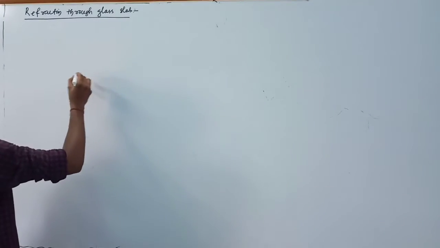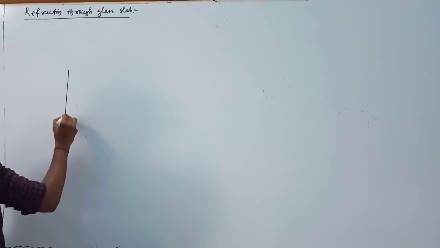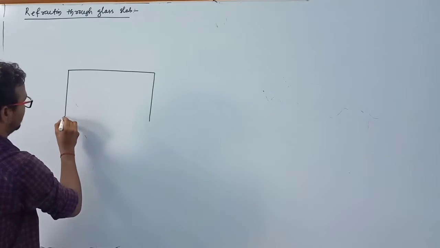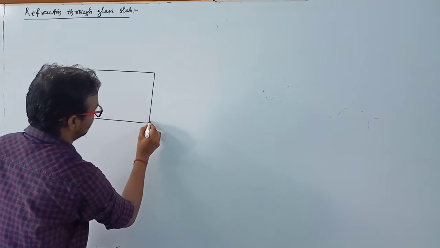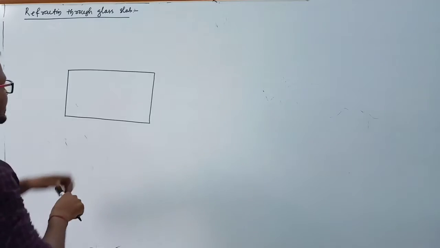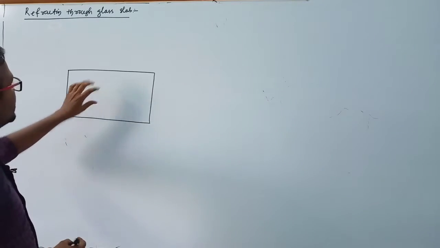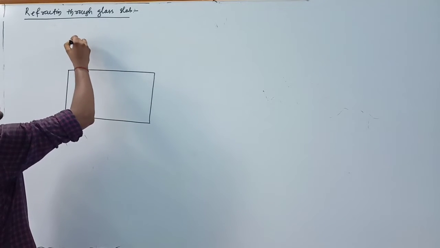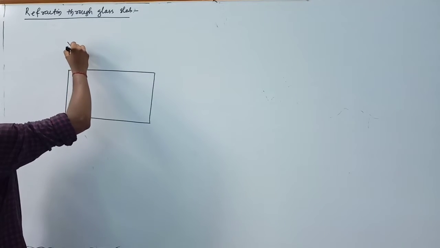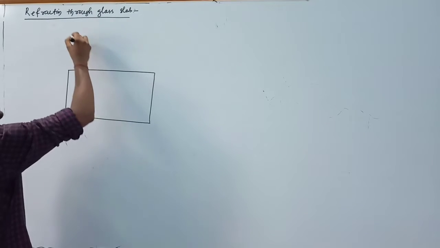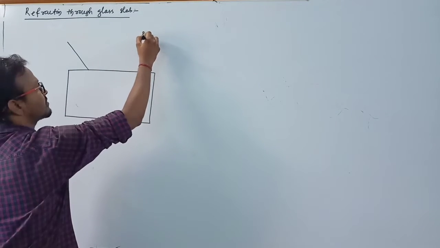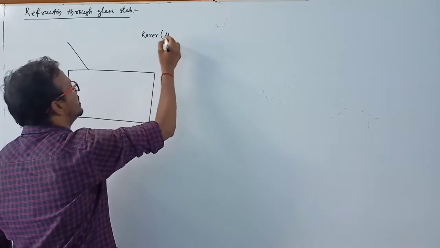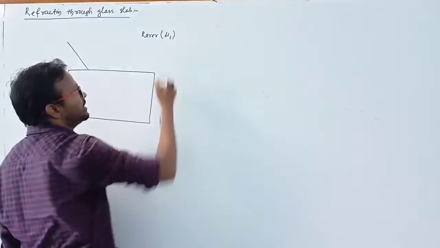Suppose there is a glass slab like this. Clear? And this is actually a three-dimensional figure. We draw here a two-dimensional figure. Suppose there is an incident ray which is traveling in this direction, and this medium is rarer medium of refractive index mu r.